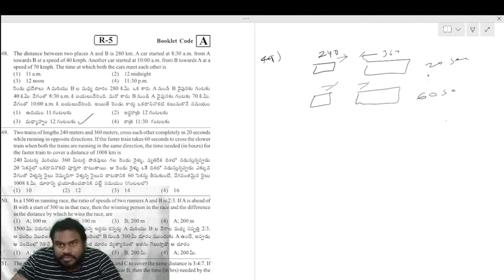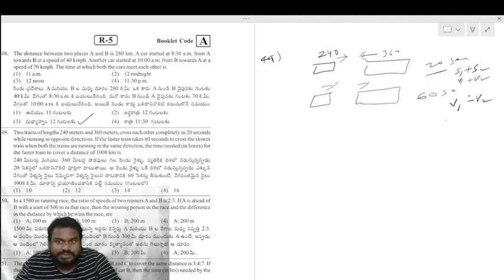When they are moving in the opposite direction, what is the speed? S1 plus S2, relative speed, or else V1 plus V2 you can take. When they are moving in the same direction, it is relative speed V1 minus V2. V1 obviously take it as the faster train. We don't know which is the faster train, whether the train which has higher length or lower length. We don't have to know also.